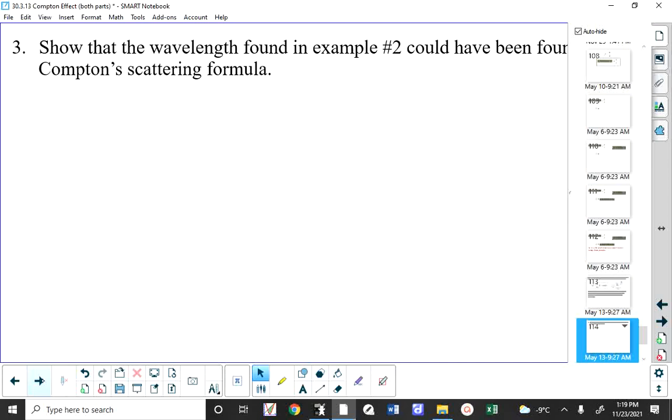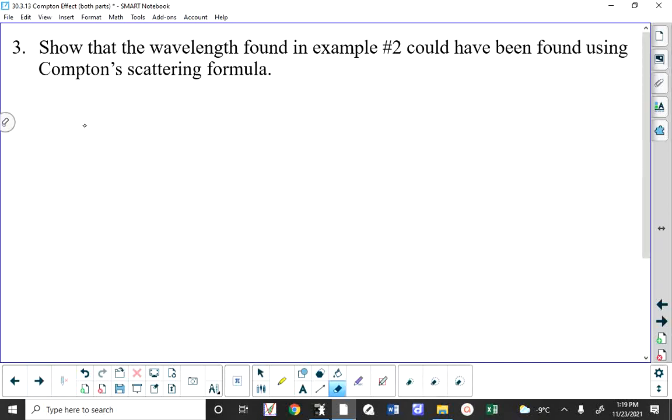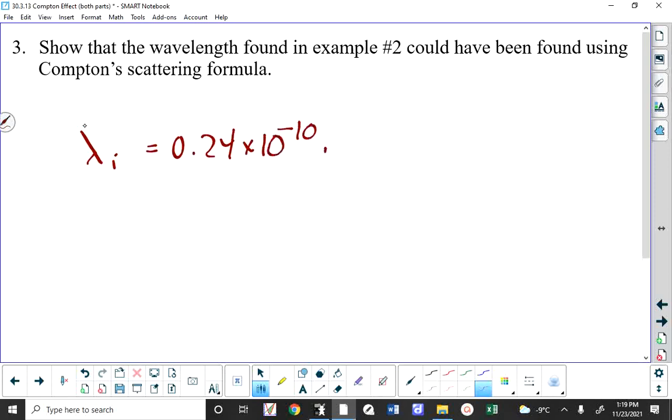We know the initial wavelength of the photon, 0.24 times 10 to the negative 10 meters. We know the angle that the photon is scattered at, which I believe is 85 degrees. Am I right there? That's what was given in the question.